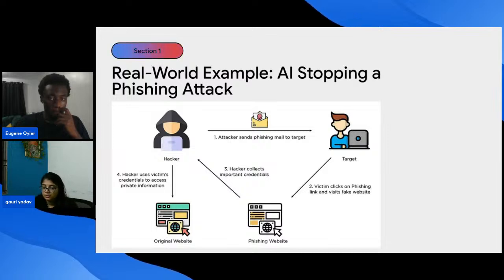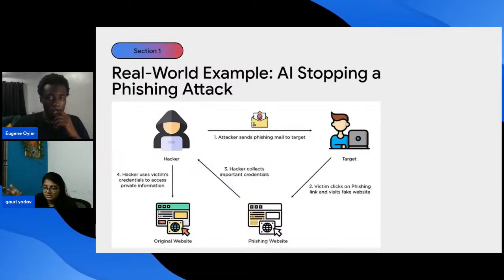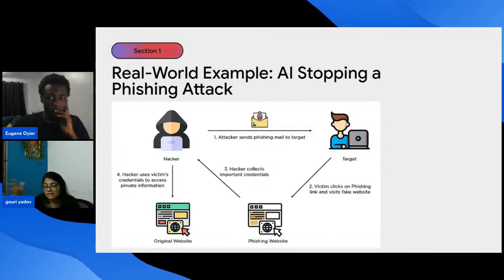Now, let's look into how AI can actually stop it. But let me first tell you about a very recent real-world phishing attack that happened. In a recent phishing campaign, attackers targeted employees of a major corporation, spreading emails that were made to look like they were from their CEO.